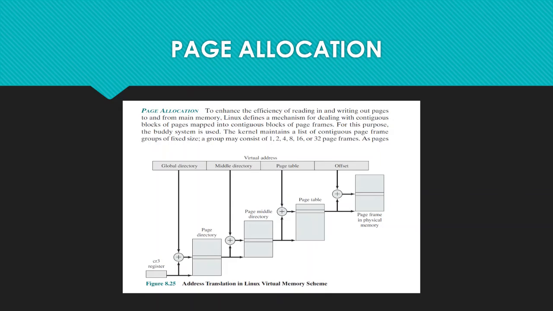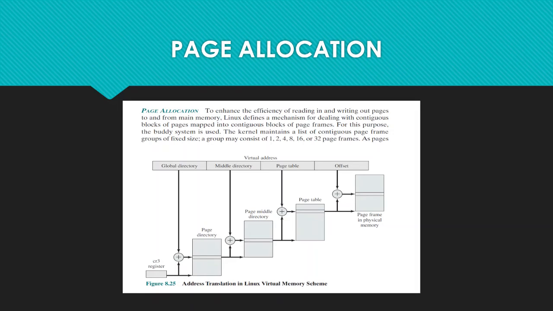As you can see in the picture below, the virtual address is divided into four sectors: global directory, middle directory, page table, and offset. So a register, if it wants to go to the page directory, goes via the global directory.